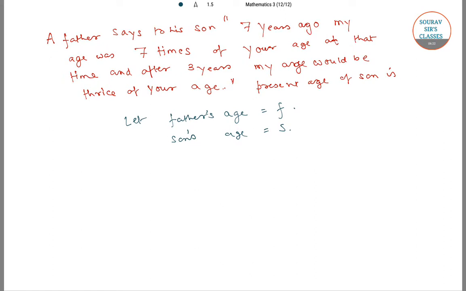Now 7 years ago father's age was F minus 7 and son's age was S minus 7. Now it is said that 7 years ago father's age was 7 times the age of son at that time.